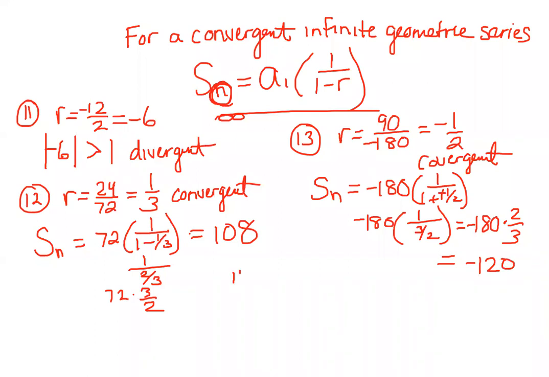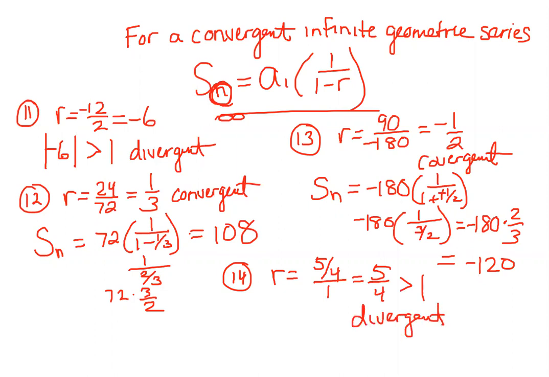Let's look at 14. We've got r equals, ooh, look at this one, 5/4 divided by 1, which is 5/4. That is greater than 1, so this is divergent, and we're done. Okay, number 15. What does r equal here? r equals 3/4. It's right there in the problem, so you don't have to figure it out.